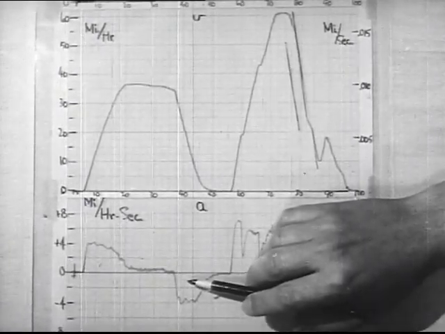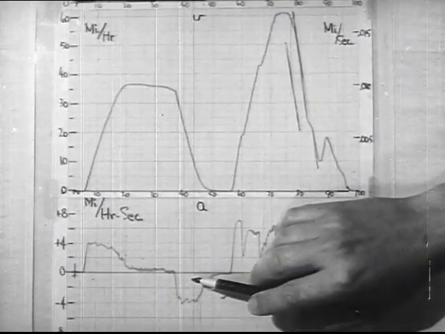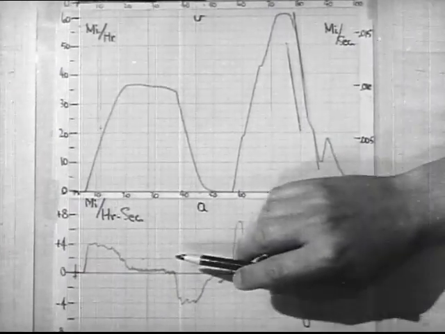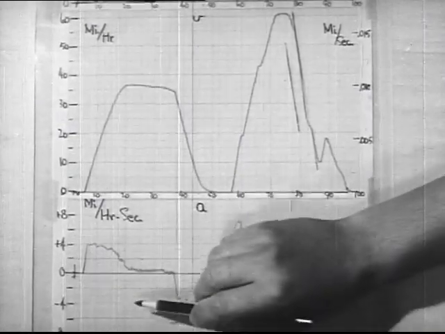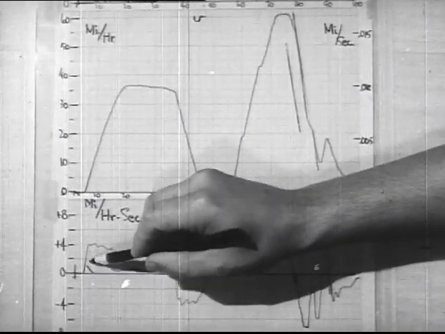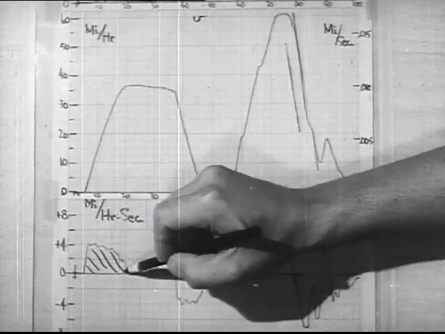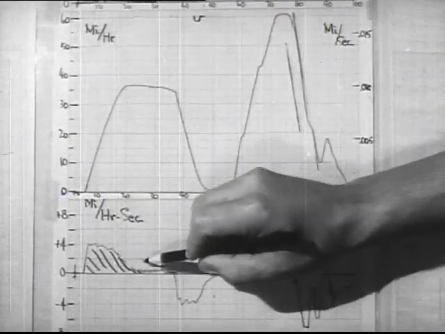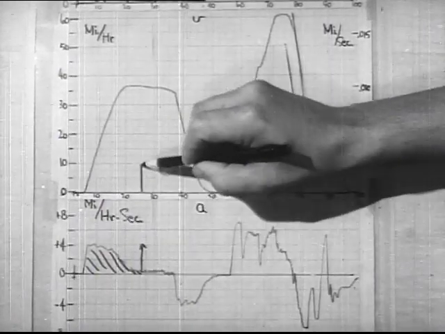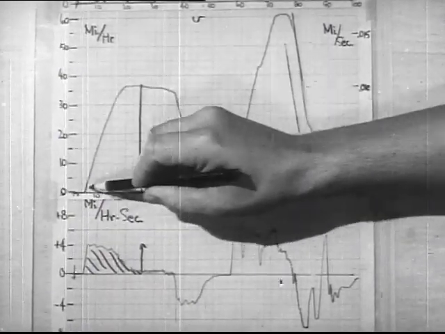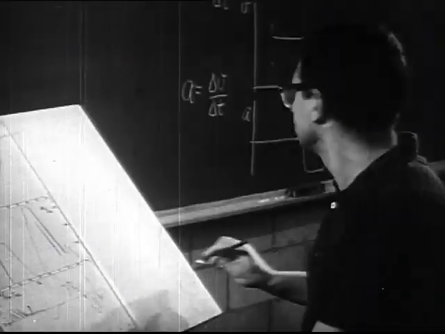Well, I can't take the slope anymore. Clearly, I have to do something new. And a property of the curve that I can start to study is its area. In fact, the answer is that the area under this curve, say from the beginning out to here, gives me at the same time the change in speed from the beginning of the speed curve.